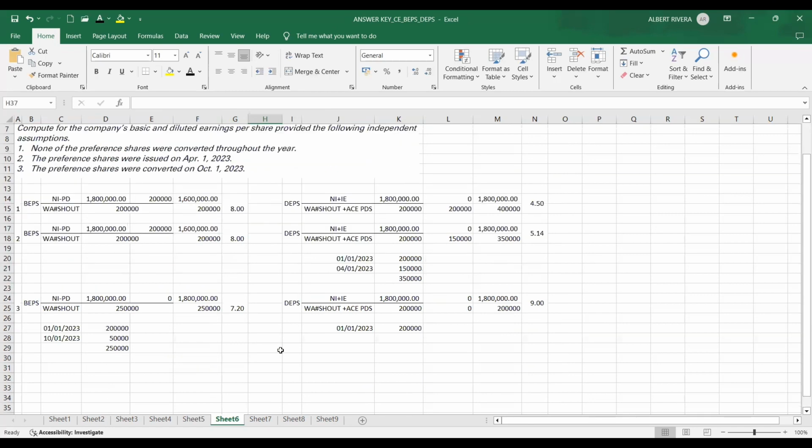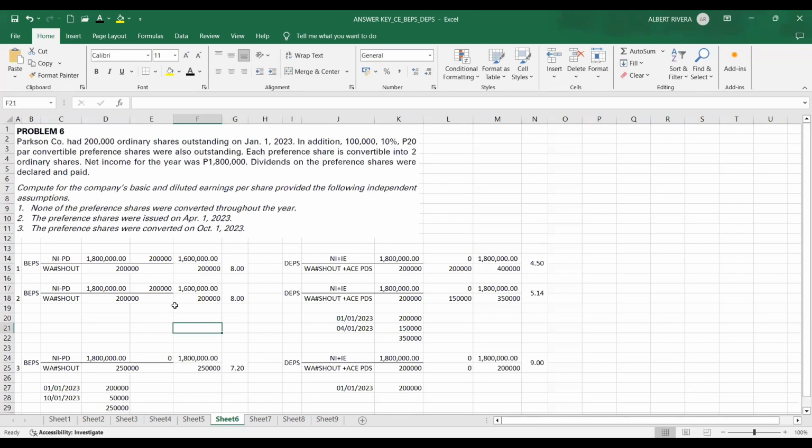Then let's go to problem 6. Here, basic and diluted earnings per share. There are no convertible bonds here. What we have here are only convertible preference shares. It says here that Parkson Company had 200,000 ordinary shares outstanding on January 1.